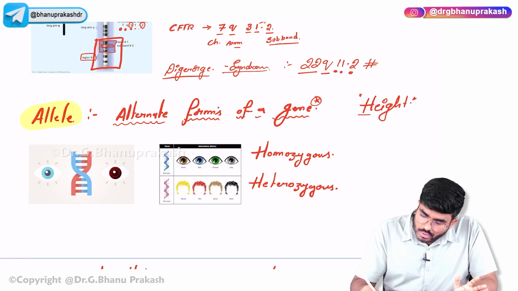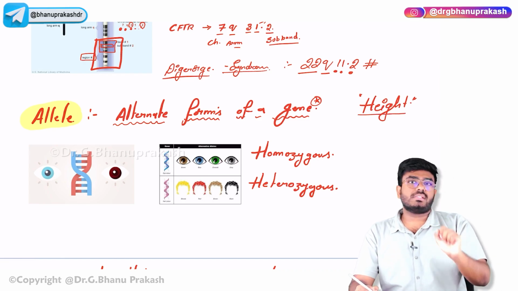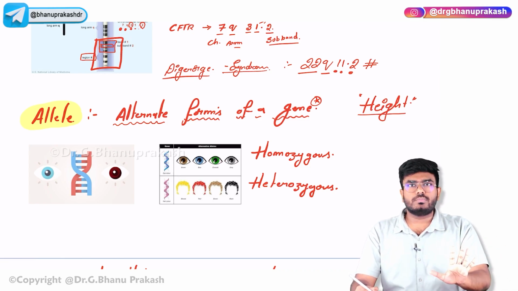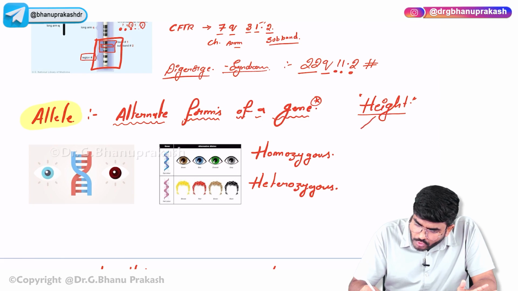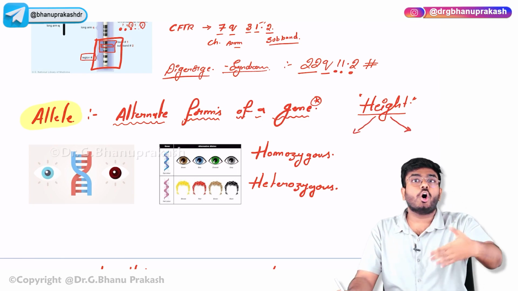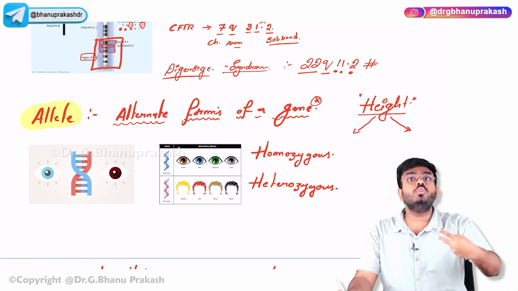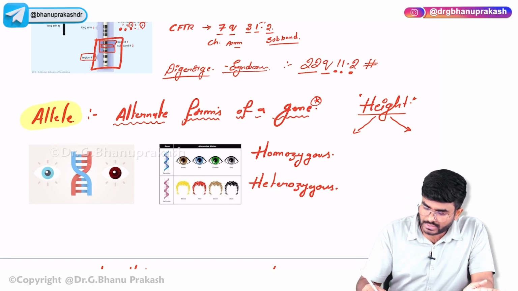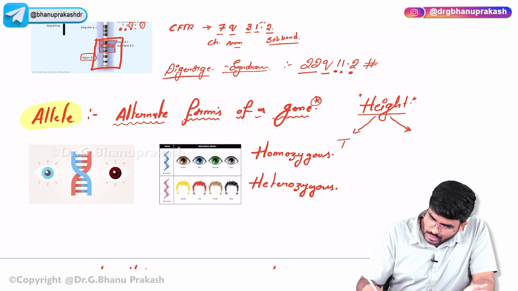This gene for height has two phases, or many phases, but mainly we are talking about the two alternate forms. If I ask what the person's height is, he may be tall or he may be short. The two alternate forms of a gene are called alleles.